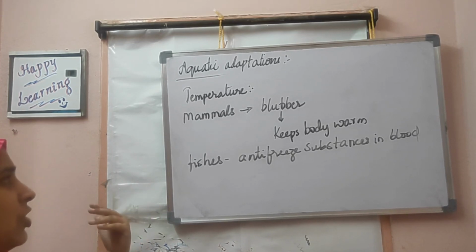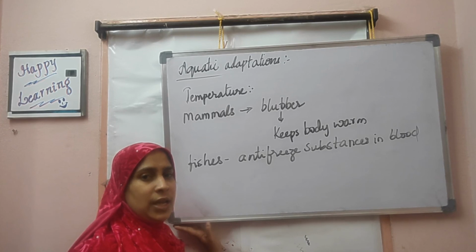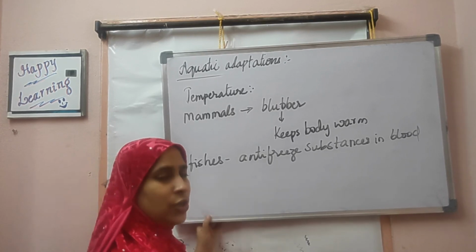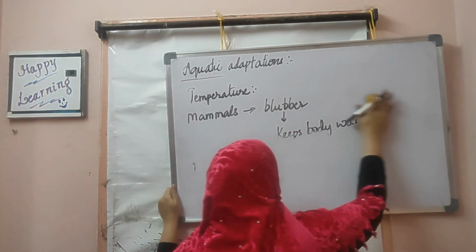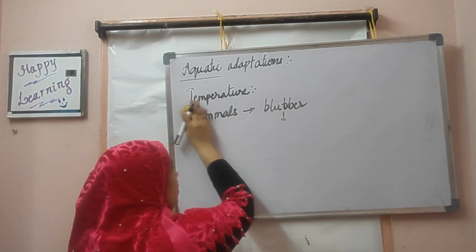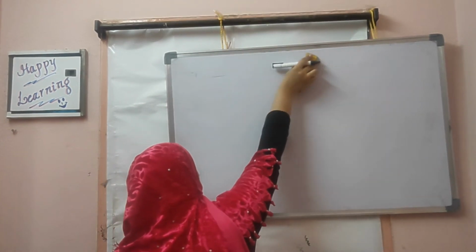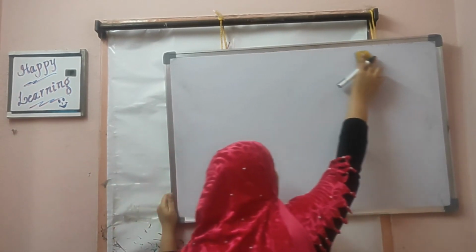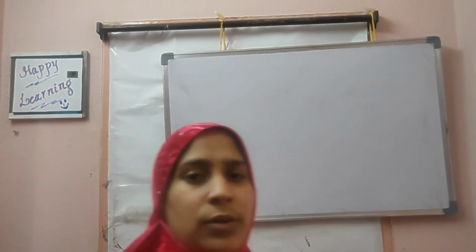Now these adaptations are absent in organisms which live in surface areas of water. Okay. So there are still more adaptations, like adaptations for salinity and nutritional adaptations seen in these organisms. That we'll be discussing in our next class.